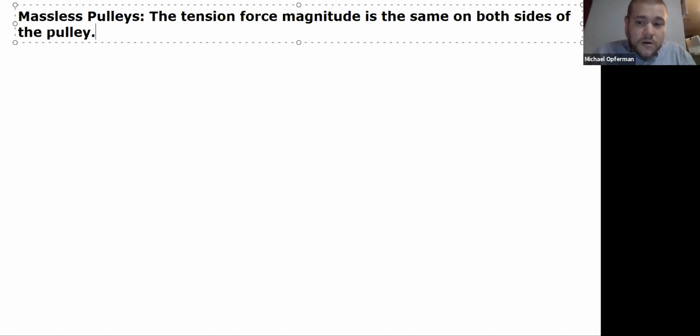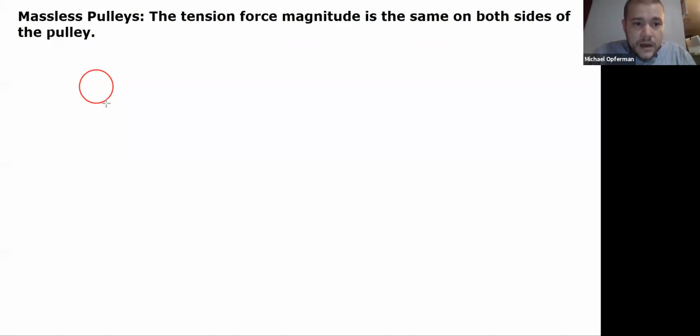There's a device called an Atwood machine, which involves a pulley. So this circle is the pulley. And then we have a rope, which goes over the pulley, so we have a rope hanging down from both sides like that.